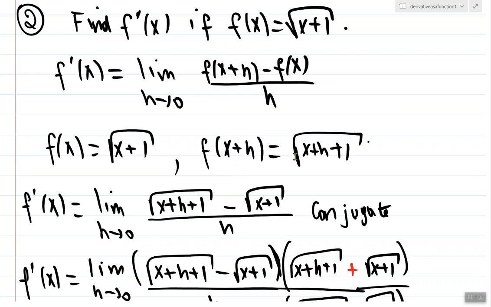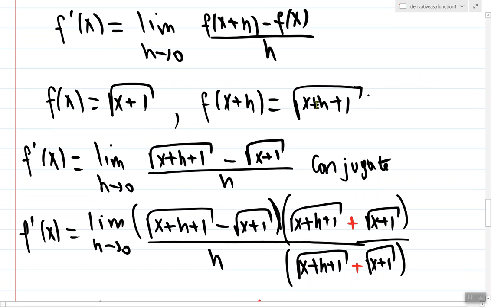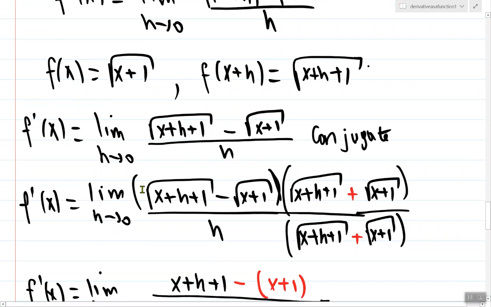So f(x + h) equals the square root of x + h + 1. We take the difference of the two. So f(x + h) − f(x) is going to be the square root of x + h + 1 minus the square root of x + 1, all divided by h, and then we apply the limit as h approaches 0.